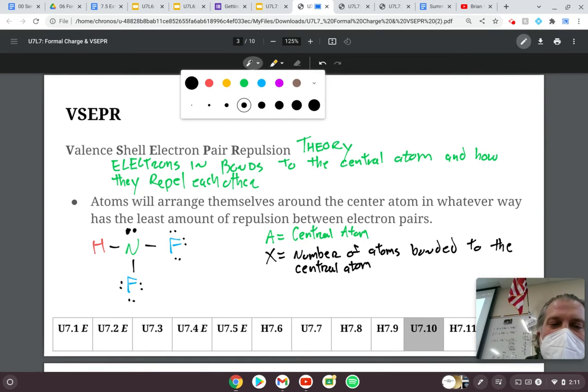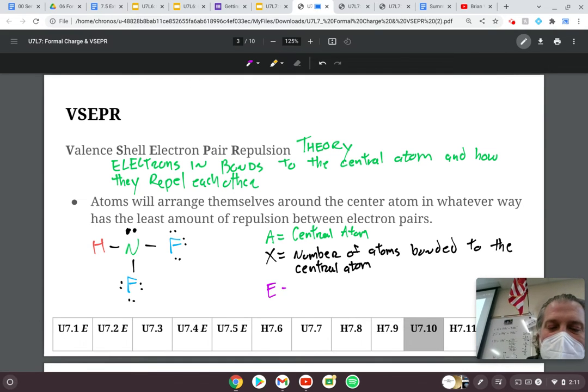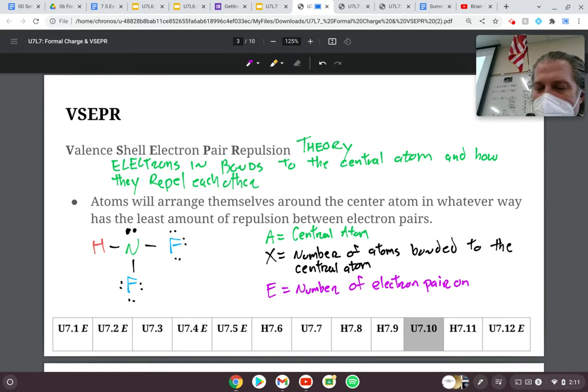And then E refers to the number of electron pairs on the central atom.